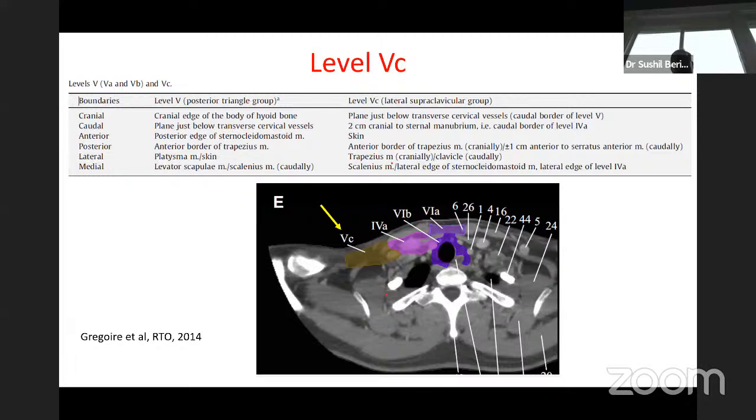For example, I'll show some guidelines: for N0 disease, 2, 3, 4 is at risk, but for N-positive disease you can sometimes treat 1B, 2, 3, 4, and 5, and the base of skull nodes are at risk for patients with level 2 involvement. And again, the retropharyngeal node is a risk for oropharyngeal cancer, but it is the lateral retropharyngeal node. Then there is a group of nodes called retrostyloid nodes, which are only at risk if there is retropharyngeal involvement or level 2 involvement.